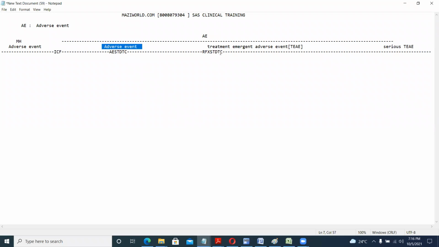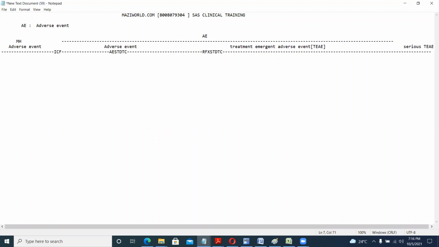But during the treatment or after the treatment, if the subject is getting any adverse event, then what happened exactly? Treatment during or after, treatment is greater than or equal to AE start. So here, this is AESTDTC. This is greater than or equal to, this is less than.